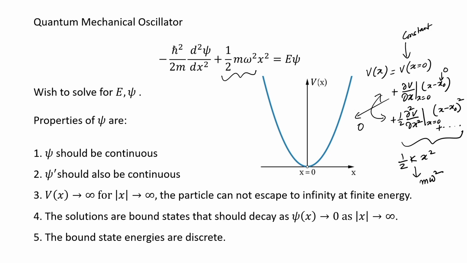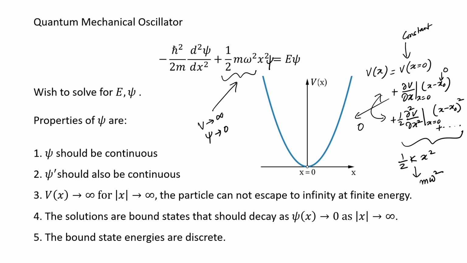We can understand it this way: if V becomes infinity, psi has to become 0 in the second term. I apologize for not writing the psi there; there should be a psi. So, the second term demands that the wave function vanish at x equal to infinity. The particle cannot escape to regions where x is very large or infinitely large.